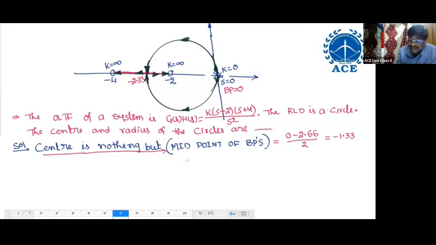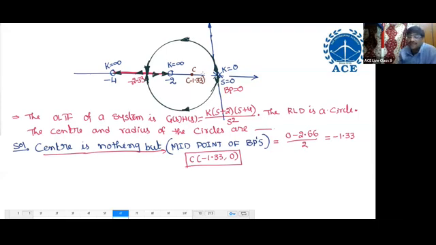The center C is minus 1.33 comma 0. Somewhere here is the center. Midpoint of breakpoints, you find that, that's all.